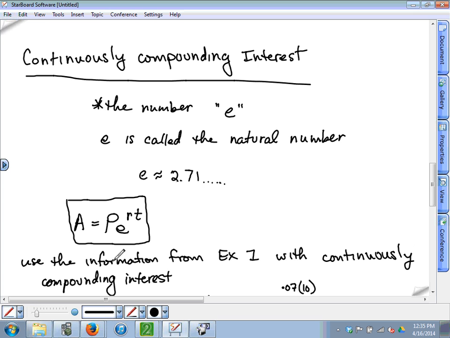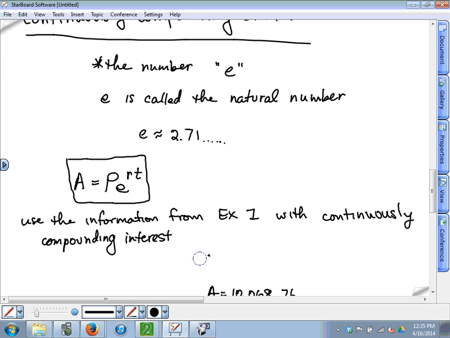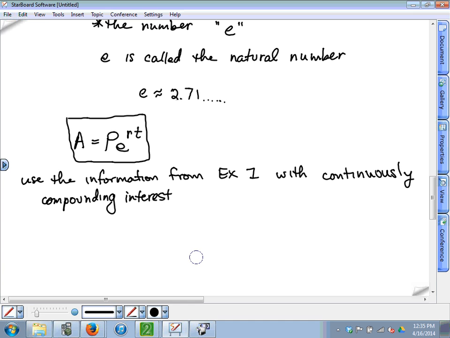Anyway, let's do the same problem from example 1, but with continuously compounding interest rather than regular compounding interest. Let's see what happens. Use the formula. The future amount A equals 5,000 times E, and E is what's being raised to that power. So E is being raised to the 0.07 times 10.